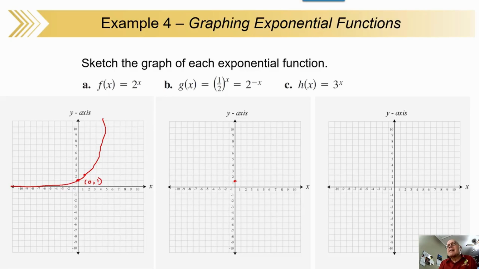So on the right side, it'll be asymptotic to the x-axis, and on the left side, it'll go like that. It still goes through 0, 1. That's your buddy for exponential functions. That's the starting point.